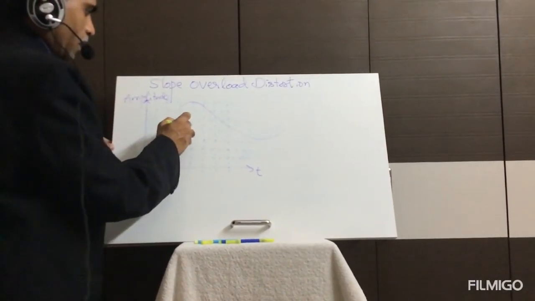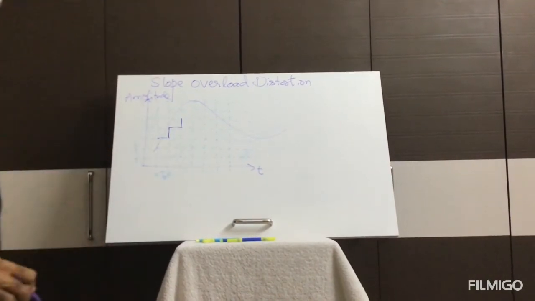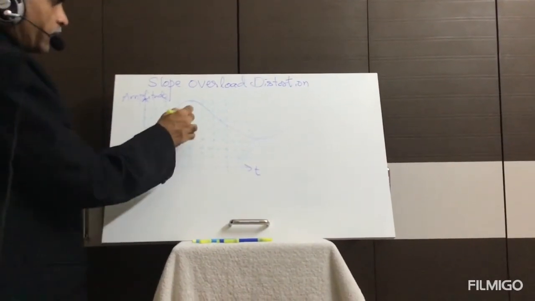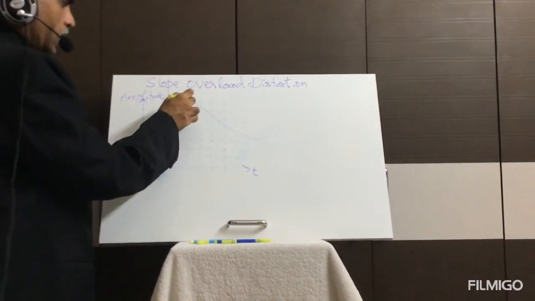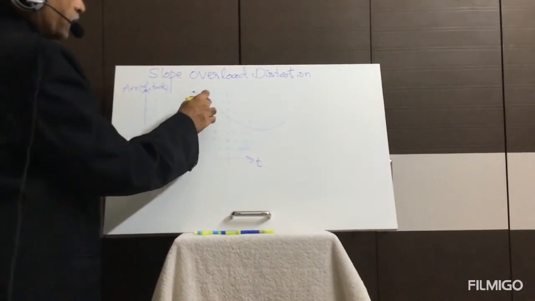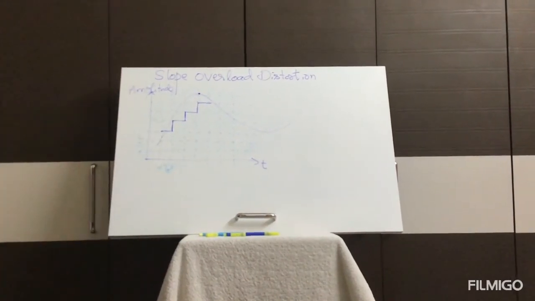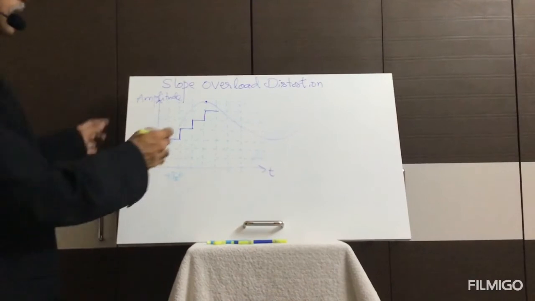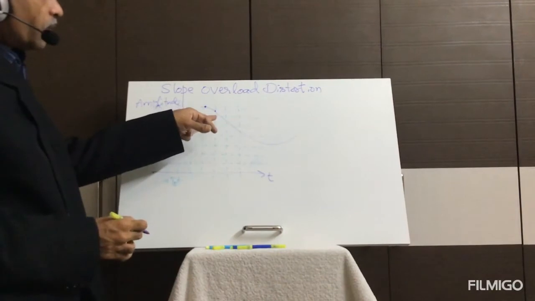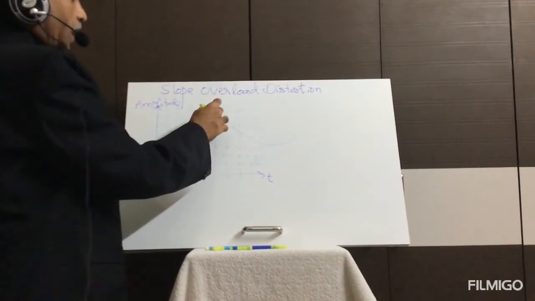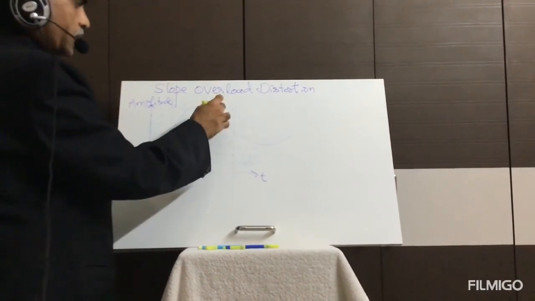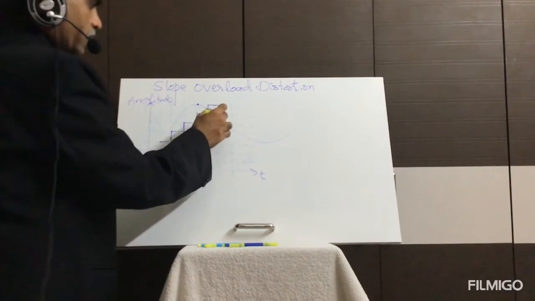Therefore, the delta modulator output rises, and at this instant of time you find the signal amplitude is even more than the previous amplitude. So the signal once again rises at the delta modulator output. Now at this instant of time you find the signal amplitude is still more than the previous amplitude, therefore it maintains like this, and thereafter the signal starts to decrease and the output will come like this.